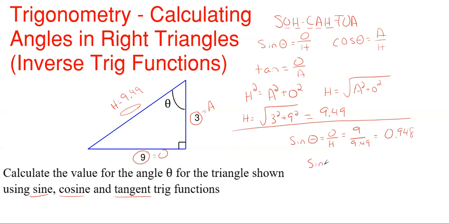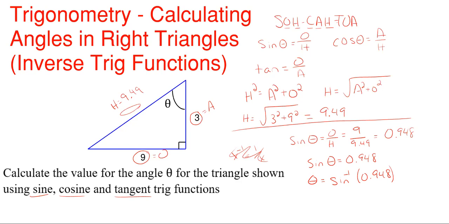So the sine of theta is equal to 0.948. To determine what this angle theta is, you have to use the inverse function, so it will be sine inverse of 0.948. It is important that this inverse function is not the same as taking a variable to the negative 1, which would mean 1 divided by that. This is an inverse trig function, totally different.